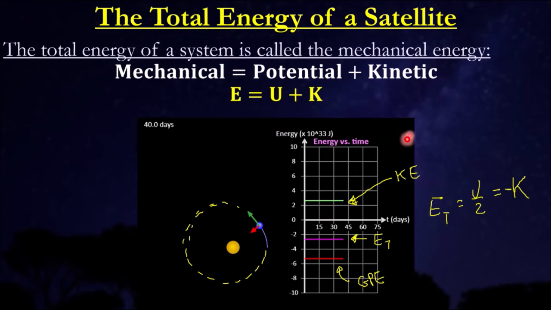So we demonstrated a very clear relationship in our previous video: the total energy of an object in orbit, like a satellite or a planet, is equal to half the gravitational potential, and it's the opposite sign of kinetic energy. So kinetic energy is positive, total energy will be negative, and gravitational potential will be twice the amount of our total energy, as we see here.